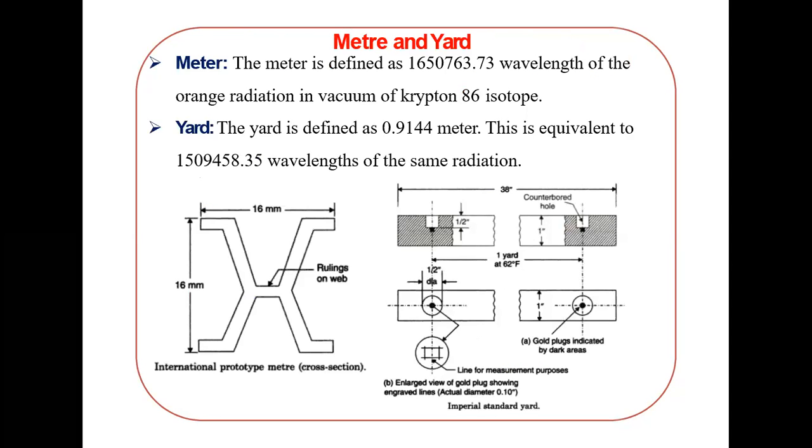So in that, first one is the length standard. The basic examples for the line standard or length standard are meter and yard. Meter and yard are the two best examples for the line standard.